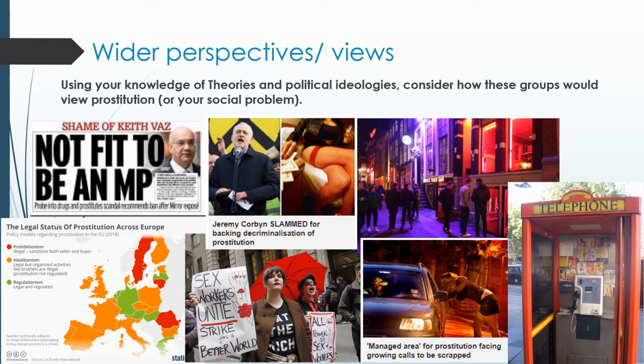So let's look at the wider perspective. Now, prostitution: the communities that live in the area would probably be unhappy with the level of prostitution in their area. The clients get something from prostitution, so they're probably not going to be critical of it.